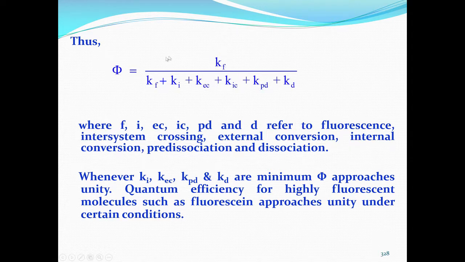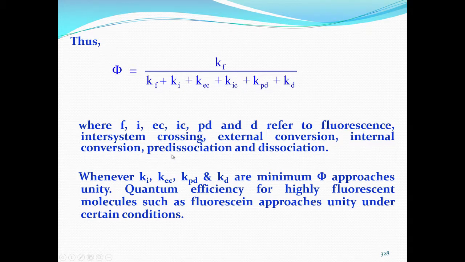So, in pure fluorescing systems or ideal systems, the maximum conversion you can get is 1 or 100%, whichever way you want to refer to that. So, it approaches unity whenever the other things are kept minimum. Quantum efficiency for highly fluorescent molecules such as fluorescein approaches unity under certain circumstances.